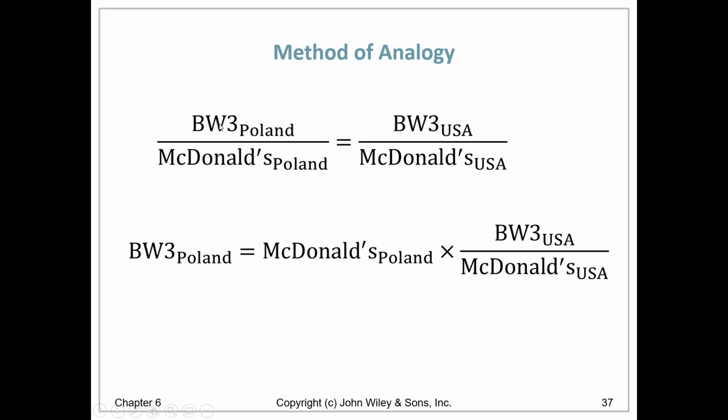Now we know what McDonald's is in Poland, and we know what BW3 and McDonald's are in the USA, and what we want to find out is the potential for BW3 in Poland. So we just multiply both sides of this equation by McDonald's in Poland, and we use this to work out the market potential for BW3 in Poland.